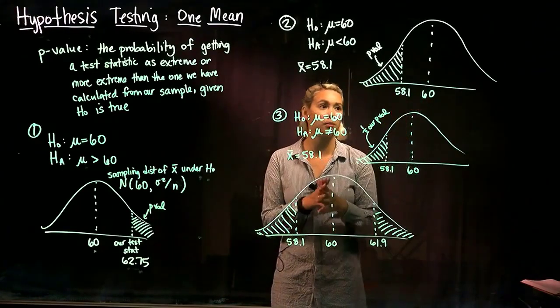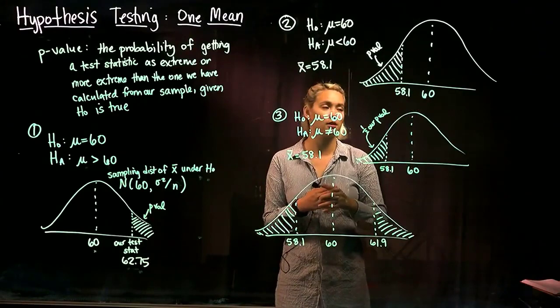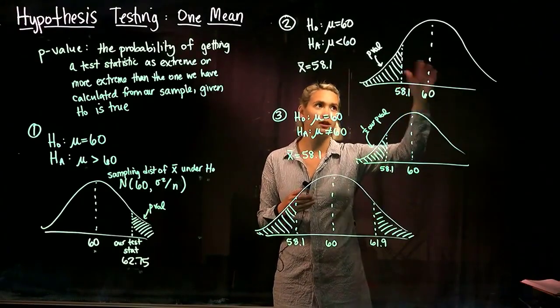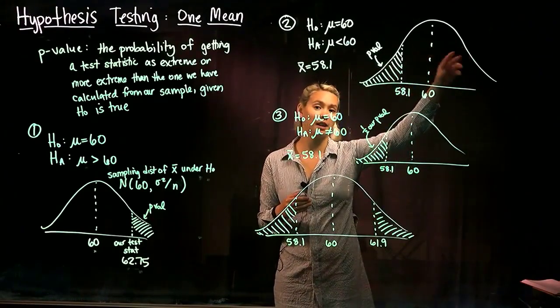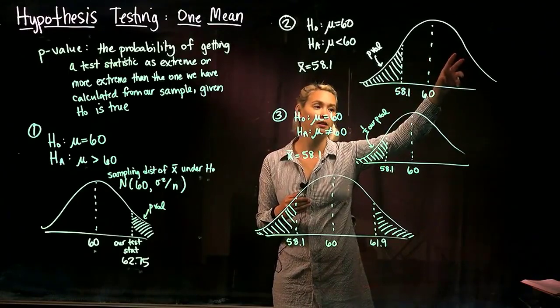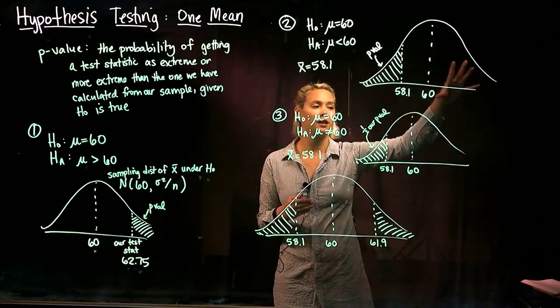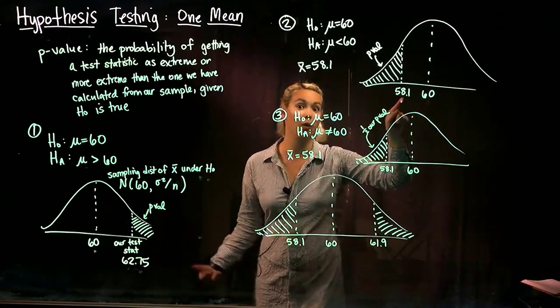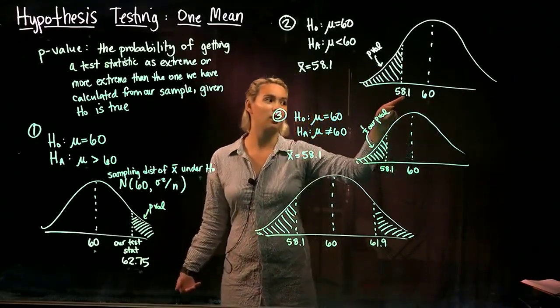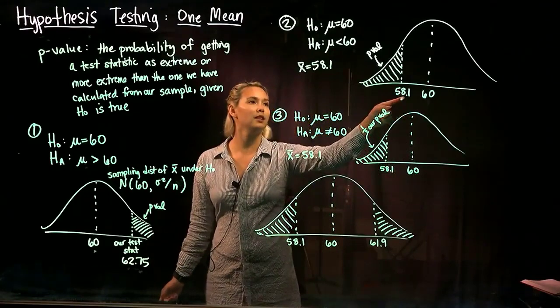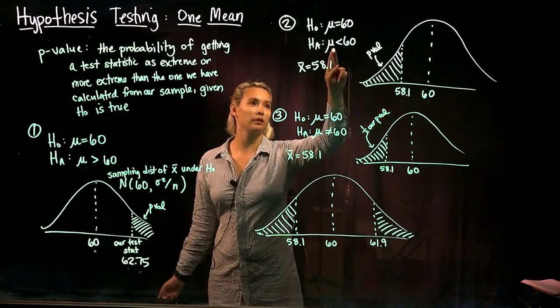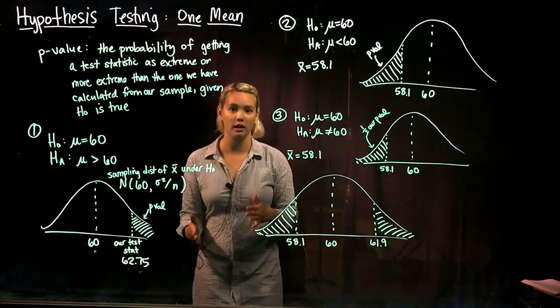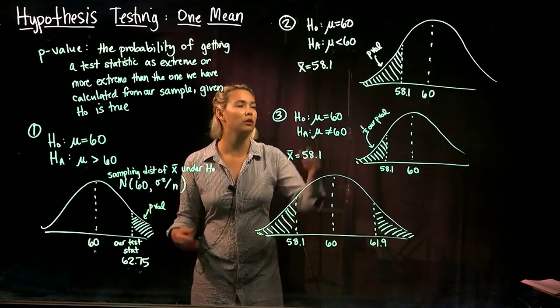If we're trying to look at the probability of getting different test statistics, then we know that those probabilities are going to be given by the sampling distribution for x bar. So here's our sampling distribution for our test statistic under the null hypothesis. Here's the particular test statistic that we got based on our sample. And we look at our alternative hypothesis to figure out which way is more extreme.